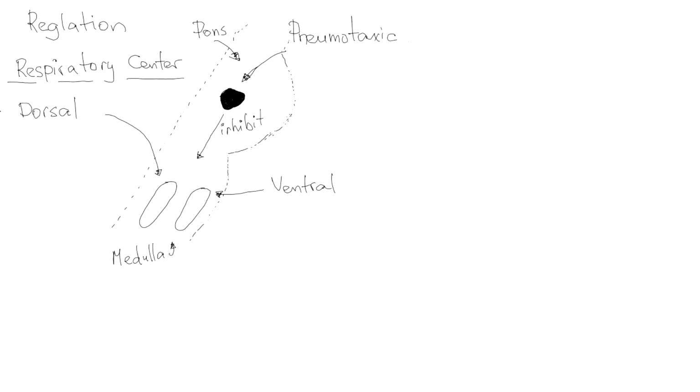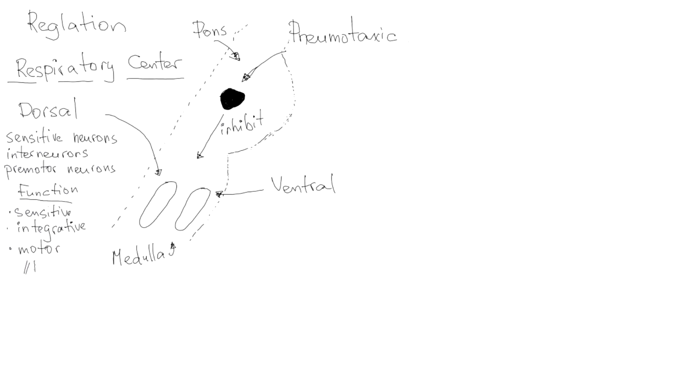It senses signals from the peripheral chemoreceptors, baroreceptors, and several other types of receptors. It contains sensitive neurons, interneurons, and premotor neurons. Its functions are sensitive, integrative, and motor. The motor one is responsible for the respiratory rhythm.